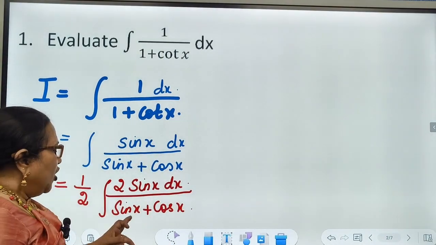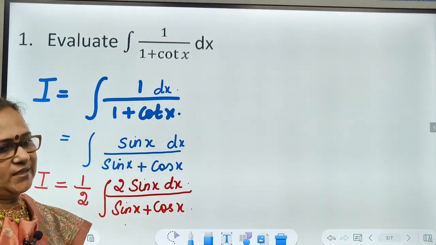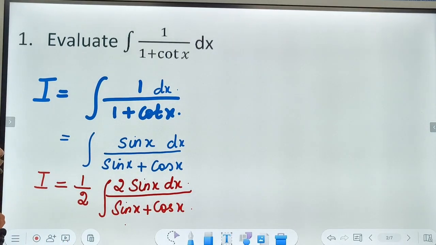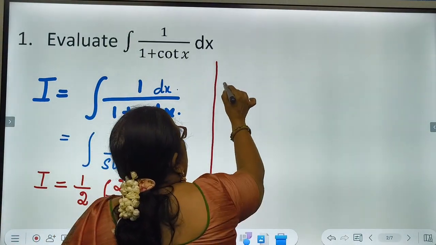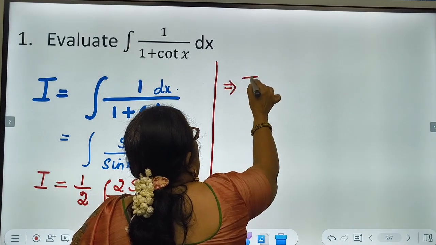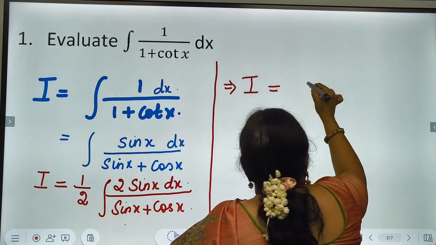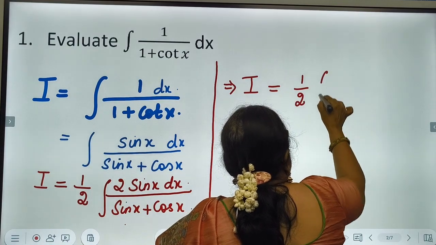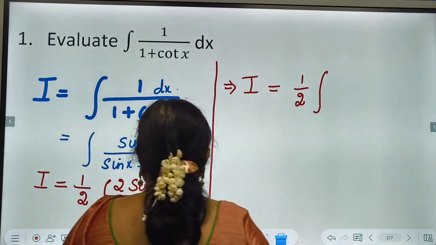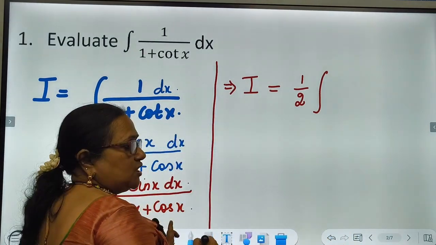Now, what is the derivative of the denominator? Cos x minus sin x. So I need cos x minus sin x. Suppose I take sin x plus cos x as t.